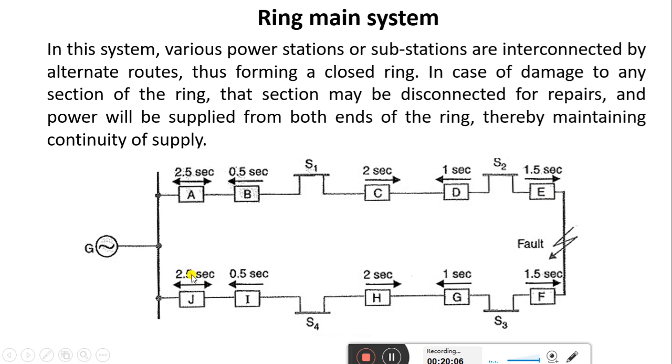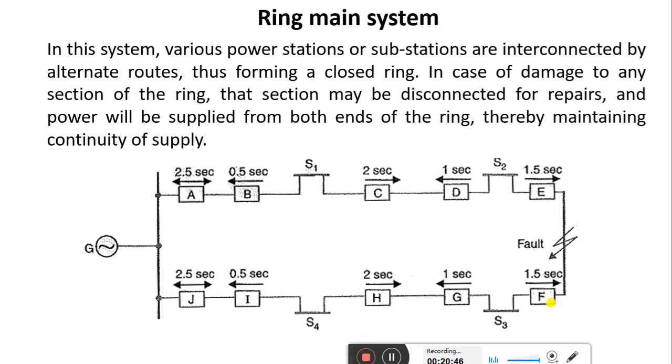Now let us move to the S4 and S3 route. Here the J relay is given a time setting of 2.5 seconds, then H is given 2 seconds, and then F is given 1.5 seconds. It means on the S4 and S3 station side also, the lowest time setting is 1.5 seconds, which has been given to relay F, if you are moving away from the generating source.